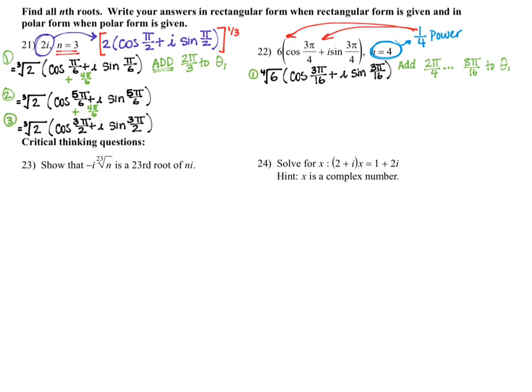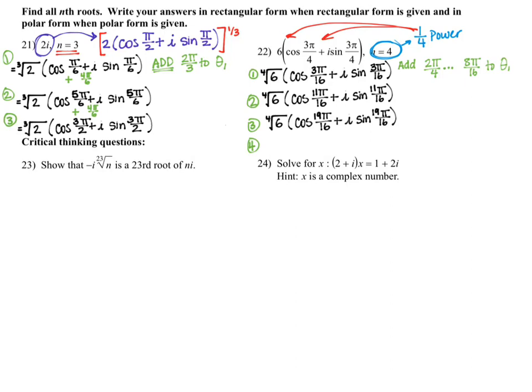I'm going to be adding 2 pi over 4, but because my theta is in 16ths, I'm going to change that 2 pi over 4 into 8 pi over 16 and add that. So I do that to find the second root, to find the third root, and to find the fourth root.